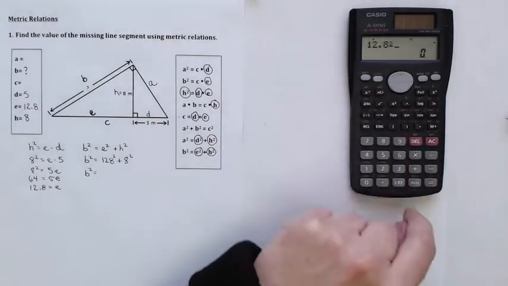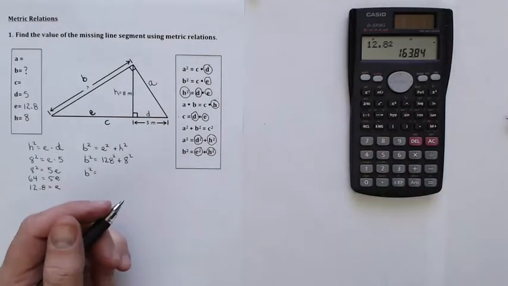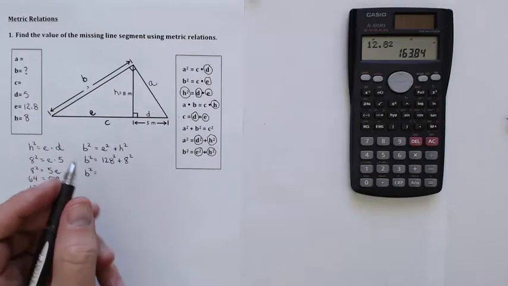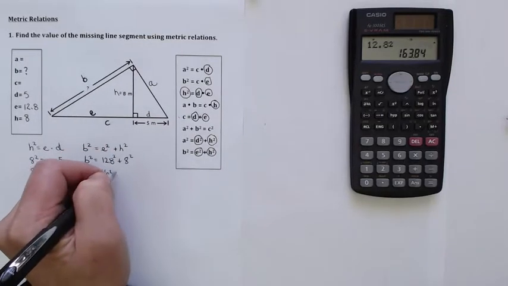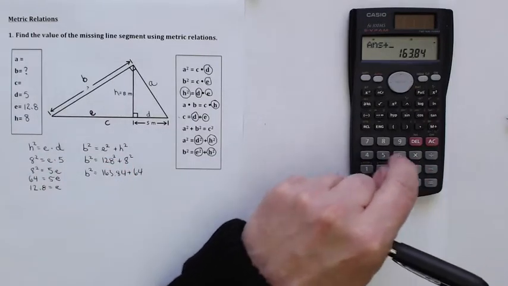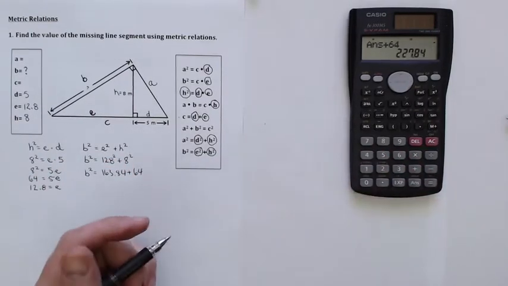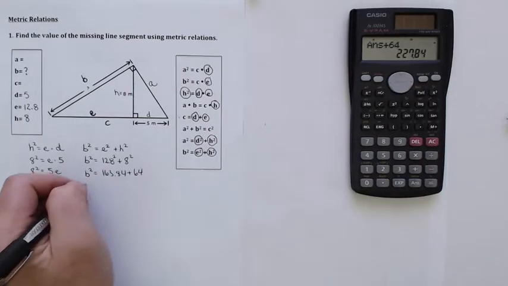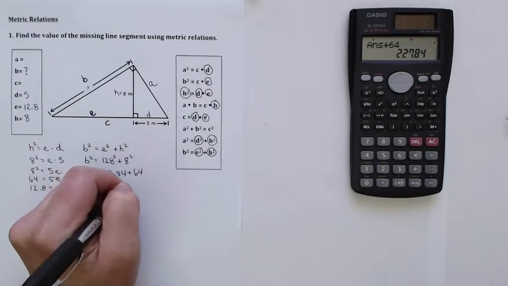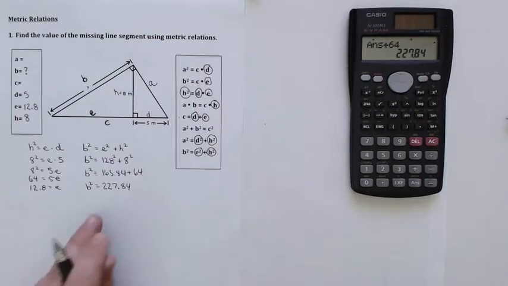12.8 squared is, let's keep all those decimals to keep our answer accurate, 163.84 plus 64. I'm going to add 64 to that. It's going to give me 227.84, so B squared is equal to 227.84. And now what do I do with that number?